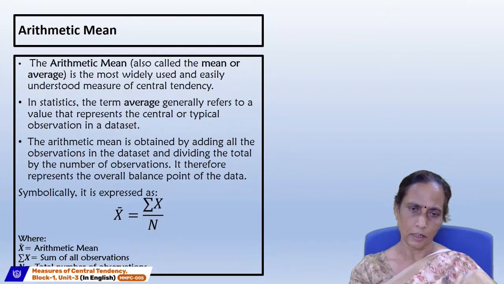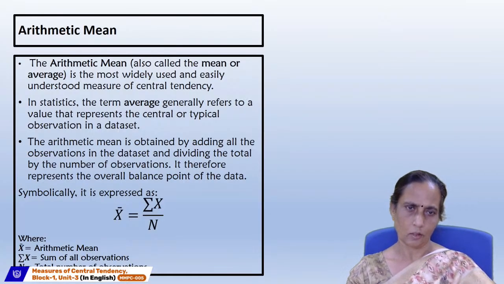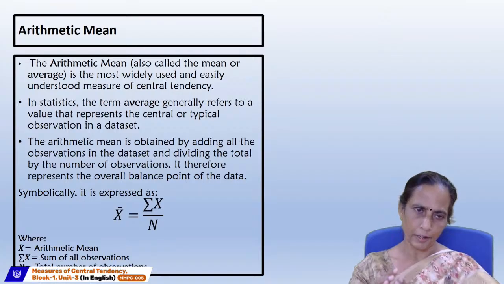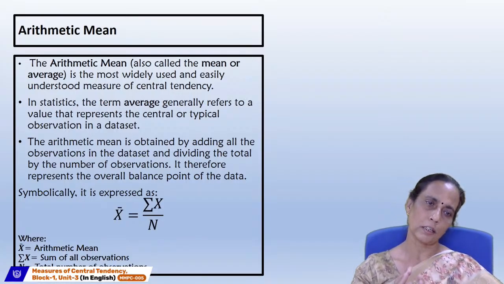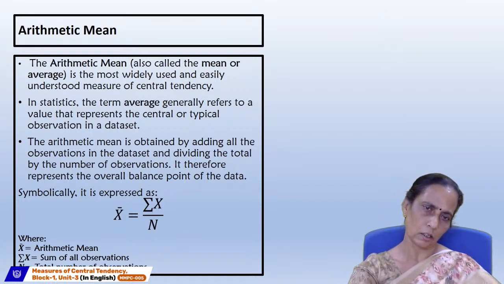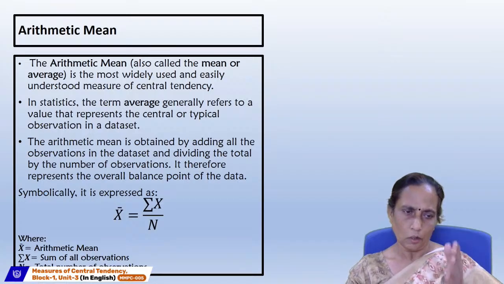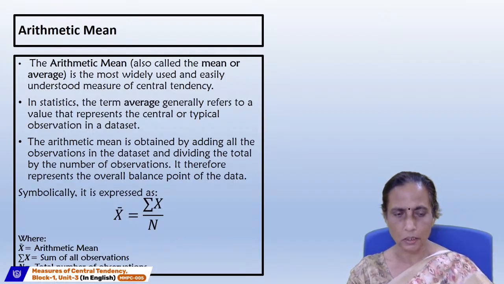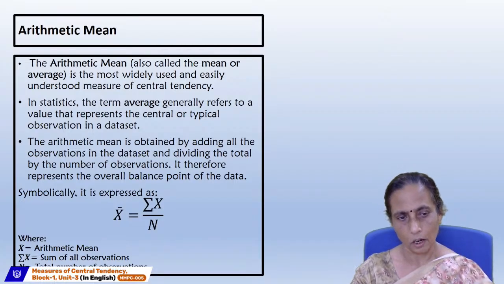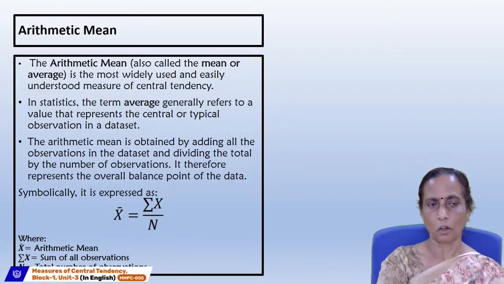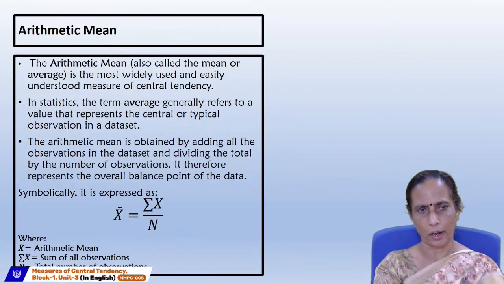And if your data is in a specific range, if we are subdividing our data set on the basis of class intervals, then that is our grouped data. We are grouping the data. That means within a range of the numbers, a certain number of data are falling. So we will be calculating each and every measure of central tendency for our ungrouped and for our grouped data. Okay. So arithmetic mean, it is also otherwise called simply mean or average.